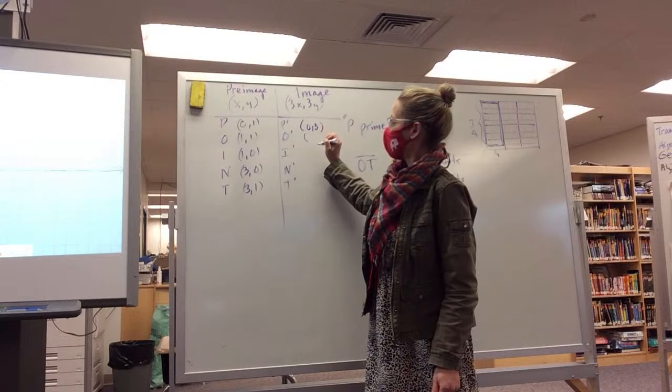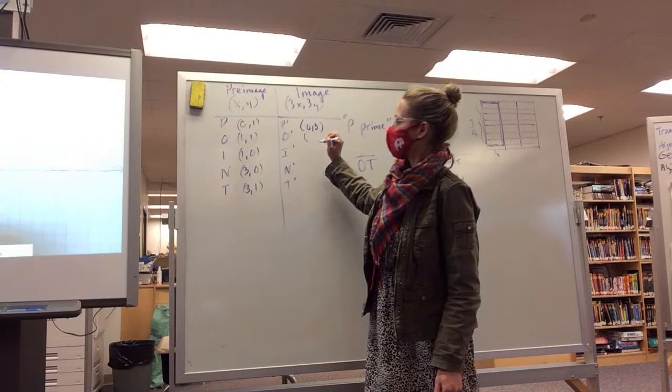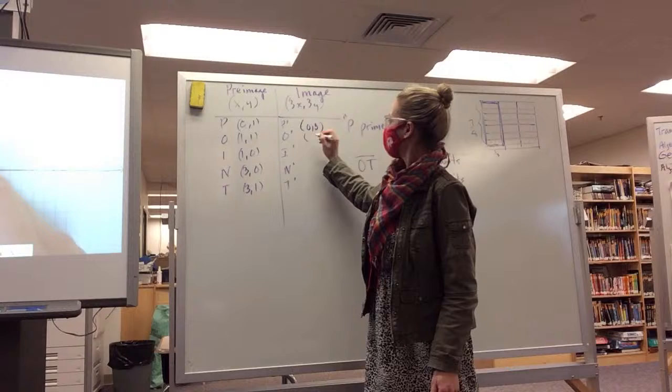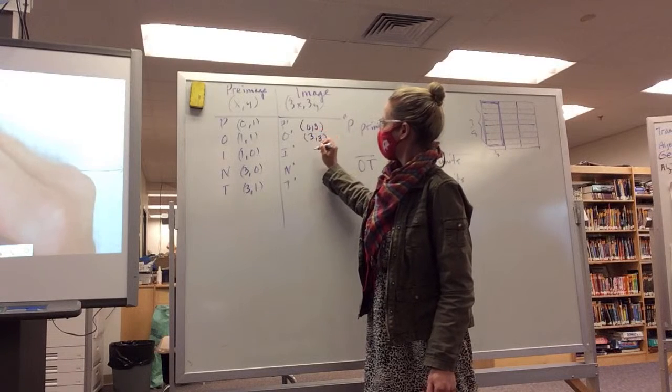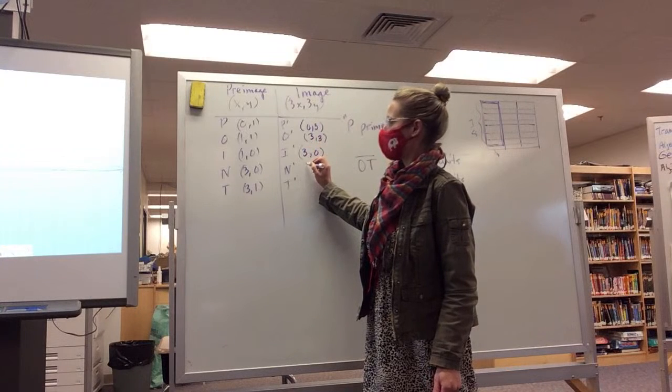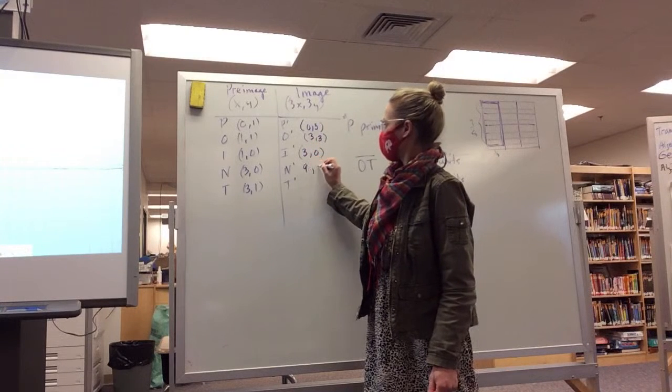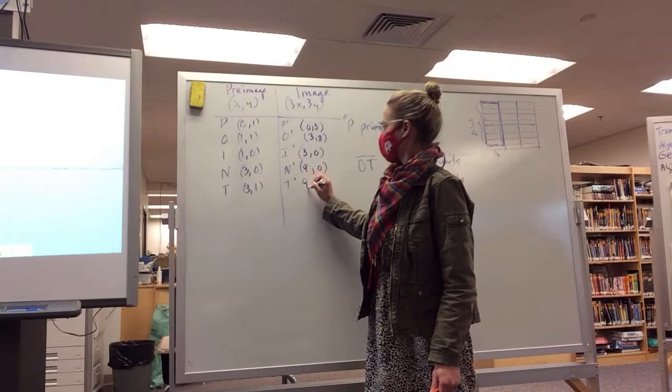And then from O to I becomes O prime to I prime. I remember when we did this, somebody commented, oh, they overlap. Some of you have this drawn in. The rest of us need to draw it in.